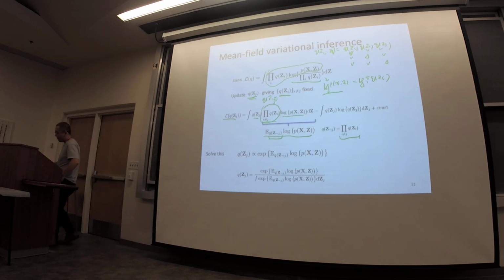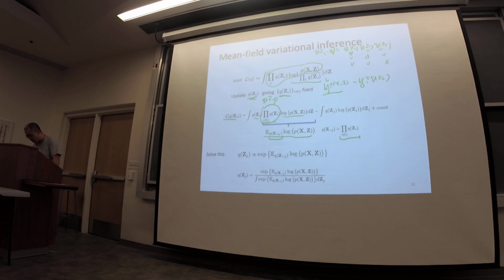What we view it as is the expectation of log P of x and z under Q of z not j. Outside we have to do the expectation over Q of zj as well. Does it make sense? So let me give you a detailed example.